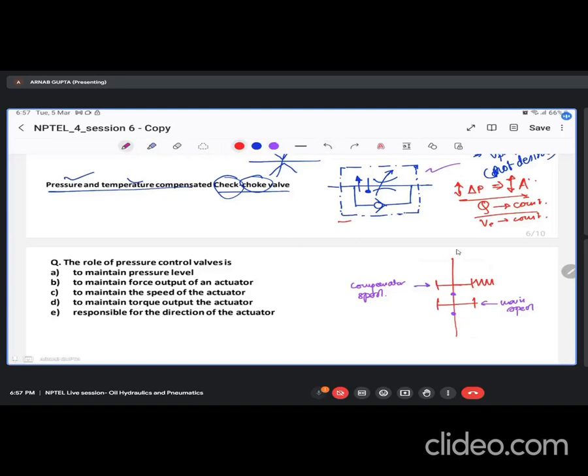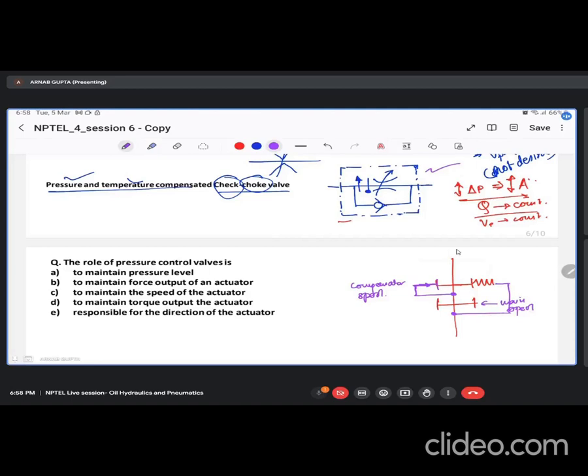If you see the delta P across the main spool, that is the pressure between these two points. So that is delta P. What you are doing, you are tapping the one port and redirecting it to one end of this compensator spool. Similarly, you are tapping another from the downstream line and putting it on this part. These are basically ports that I am drawing, or fluid lines.